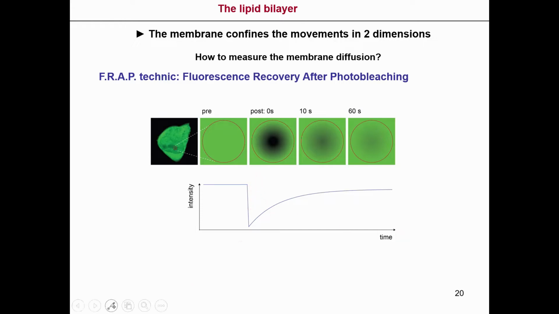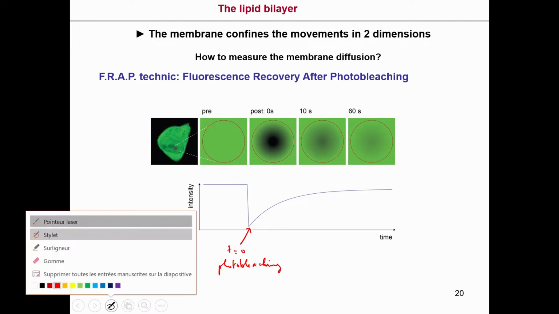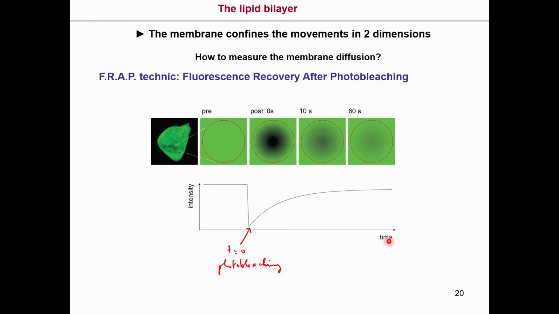So T equals 0 is the photobleaching by the laser. And after that, you will recover the fluorescence. So you will measure the fluorescence over time. And depending on this curve, you can measure if the membrane is more or less fluid.